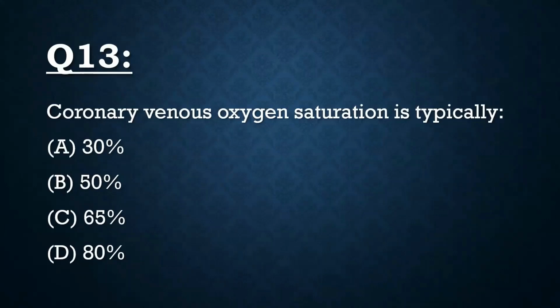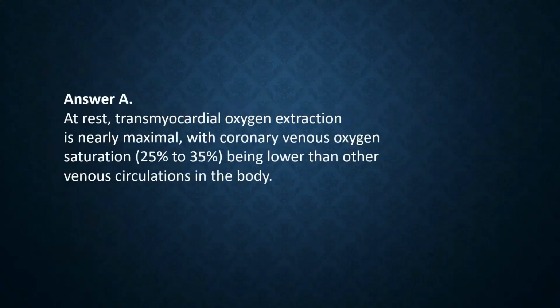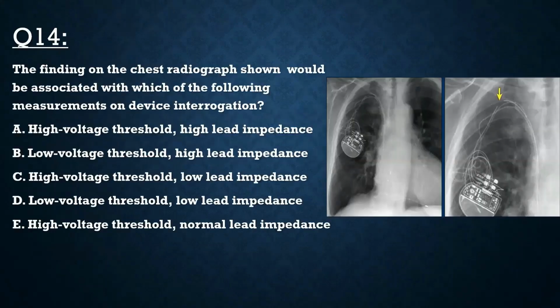The other parts of the body are usually about 70%, and the coronary venous oxygen saturation is 30%. Why? Oxygen consumption is more in the myocardium. Yes, usually the myocardium has maximum oxygen consumption at rest. Excellent.